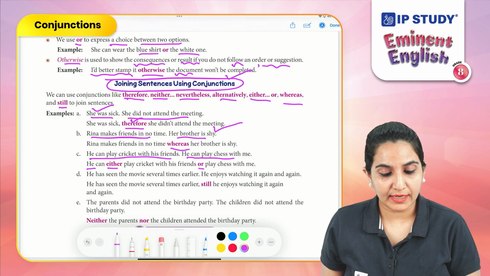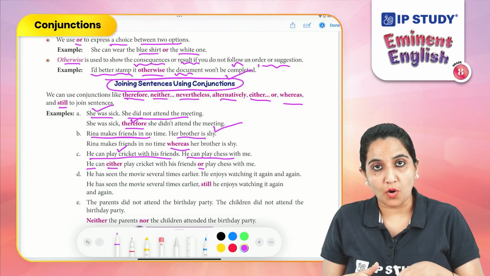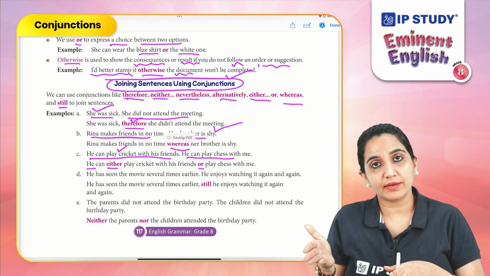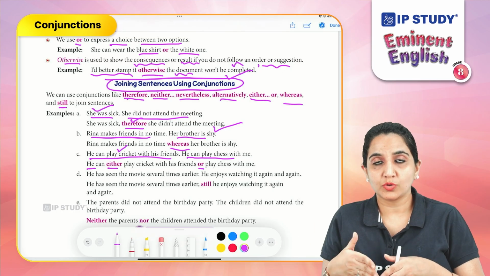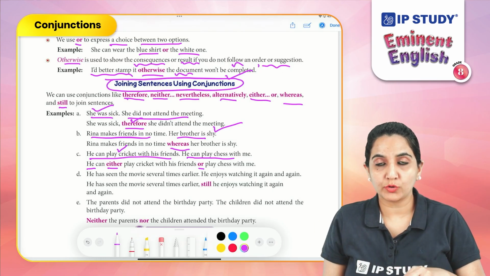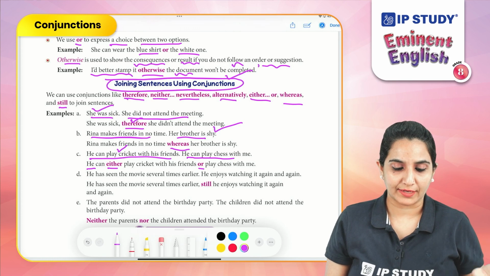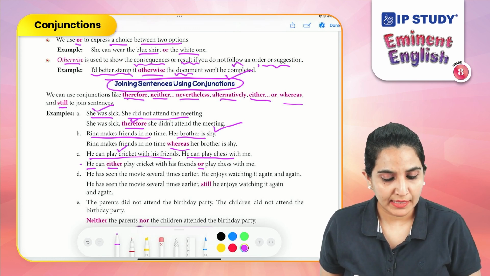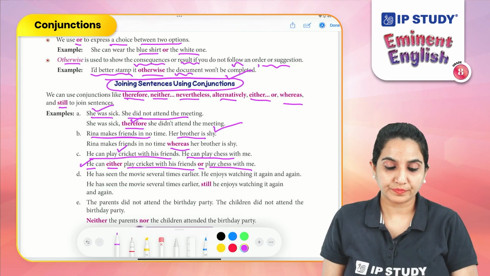He can either, then you state the one fact. He can either play cricket with his friends, or, after or, you state another fact, or he can play chess with me. We do not need to repeat he can again, a verb and a pronoun again. So we make a sentence: He can either play cricket with his friends or play chess with me.